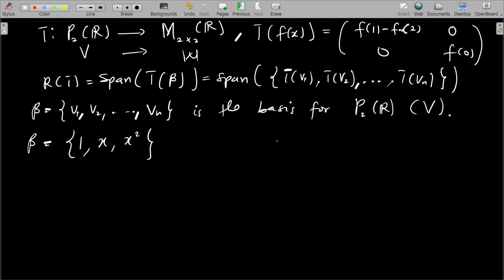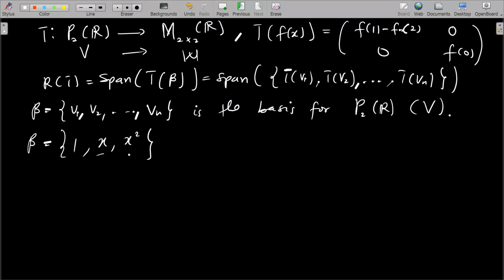If I give an example of a polynomial of degree 2, say 1 plus x squared, this is a linear combination of these. You can have 2 minus 3x, which is a linear combination of 1 and x, because you have 2 times 1 plus negative 3 times x, right? So that's what I mean: the basis for a polynomial of degree 2 is 1, x, and x squared.